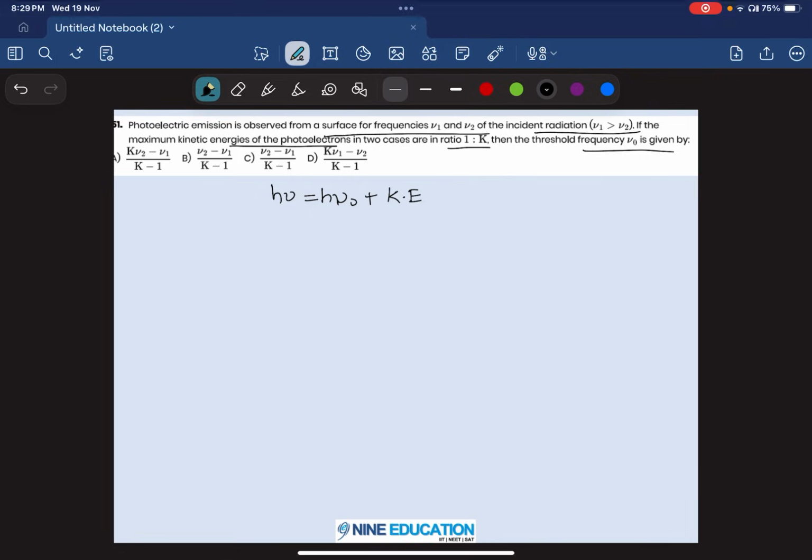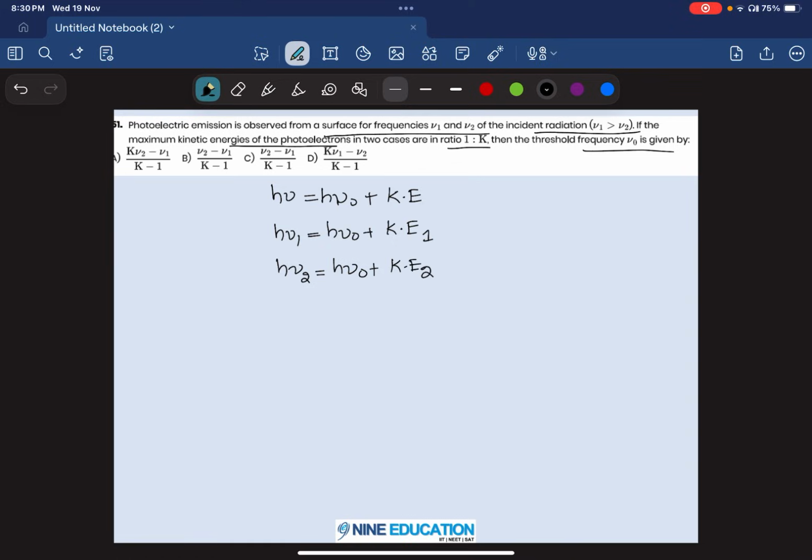That means two frequencies of light are incident radiation. That means h mu 1 is equal to h mu naught plus KE1. And the second equation is h mu 2 is equal to h mu naught plus kinetic energy 2.